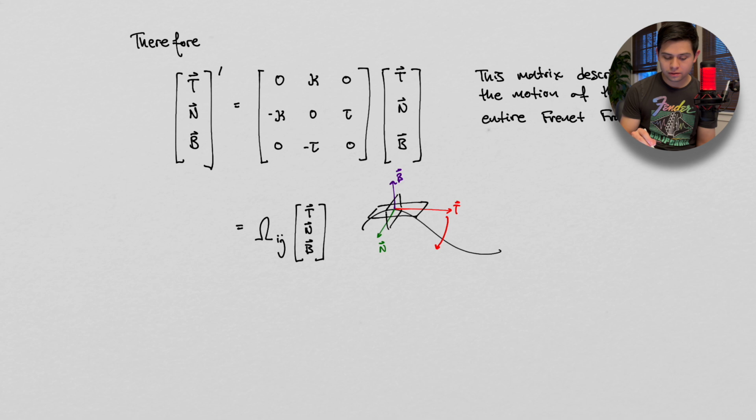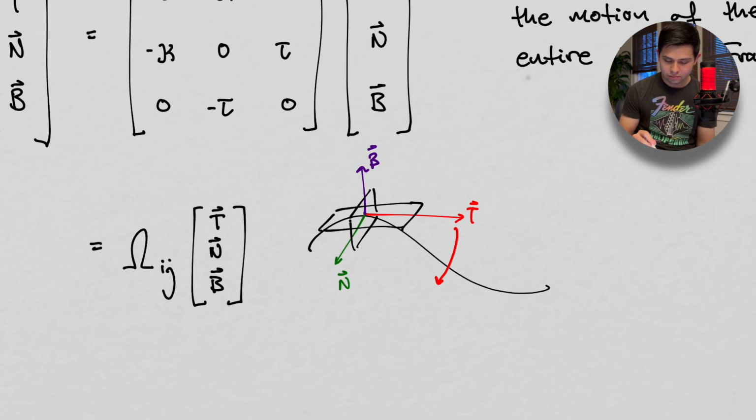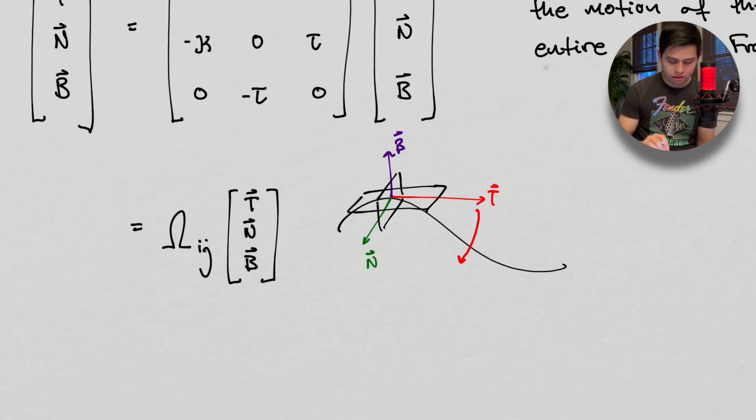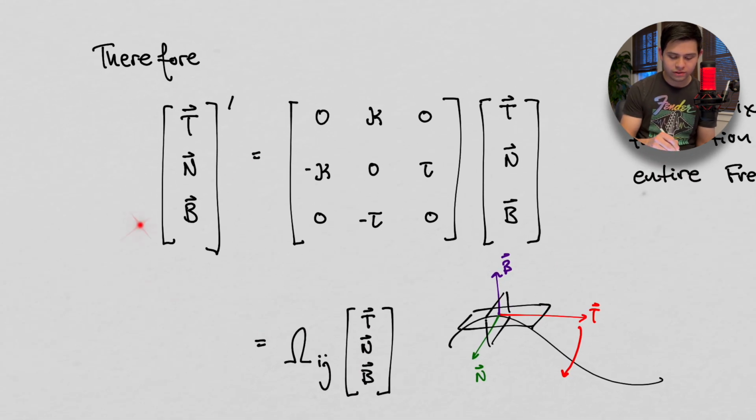Okay. So this is the Frenet frame. This matrix describes the motion of the Frenet frame. The frame, again, is this picture right here. And this is some shorthand notation as well. Also notice that these are vectors within vectors, right? So T is a vector, N is a vector, B is a vector.